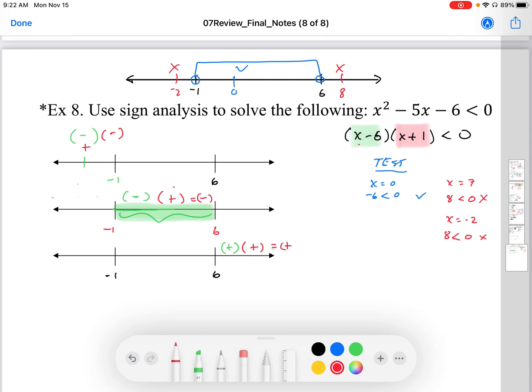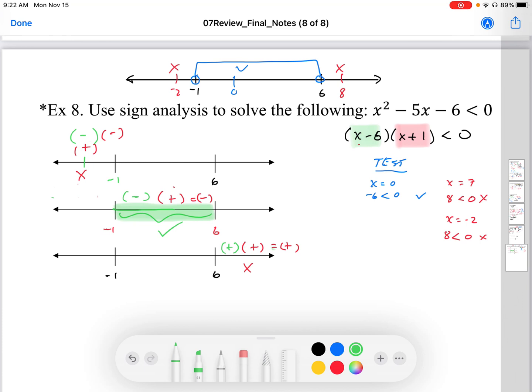And again, that's going to be a positive value, just like I got here. This fails my test, so this region we don't want. So we get an X here, an X here, and a check in here. So we can do sign analysis in this way by testing the signs just in those different regions.